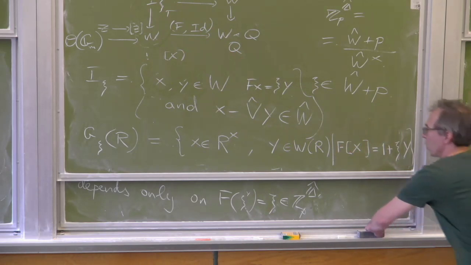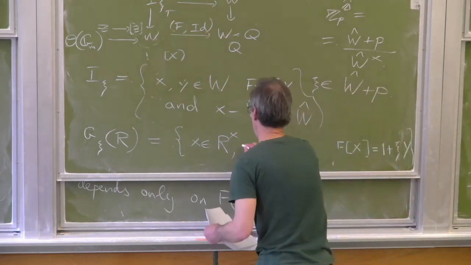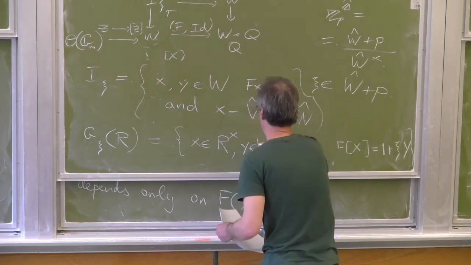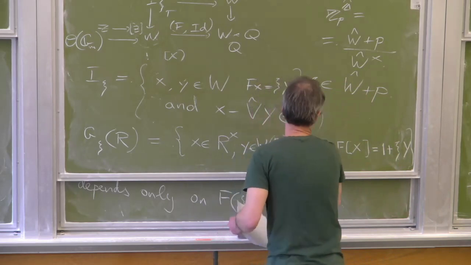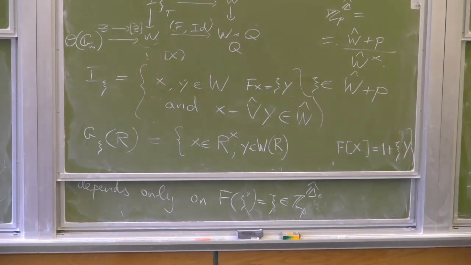So a set of pairs (X, Y), where X satisfies one condition, for which I have a formula.